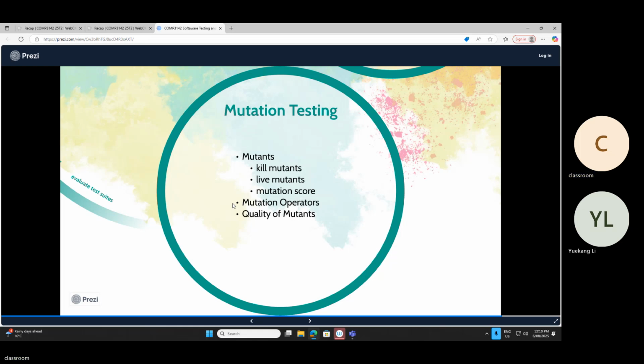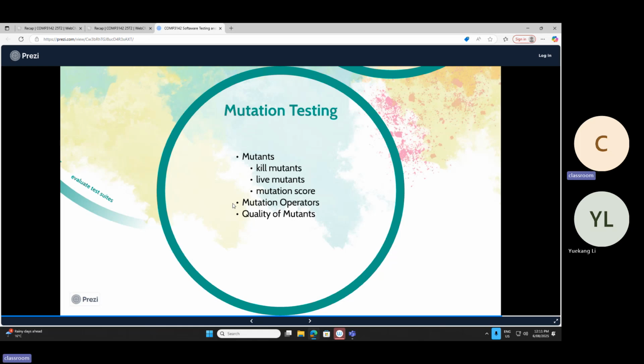The basic idea is very, very simple. We can use test cases to evaluate programs, and we can also create programs to evaluate test cases, right? So the basic idea of mutation testing is to create some variations of programs that can help us to evaluate the test cases.